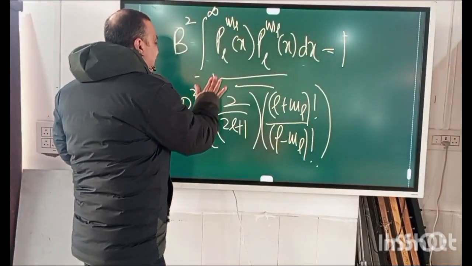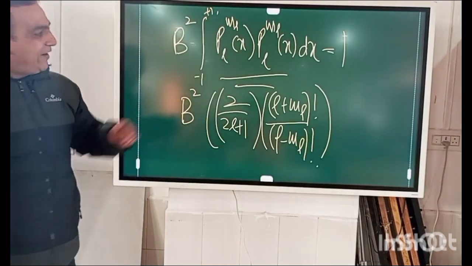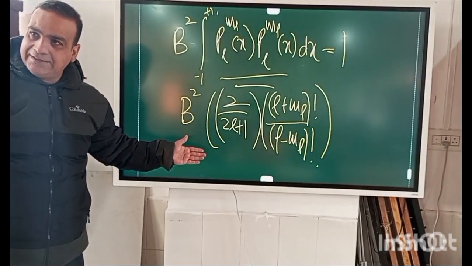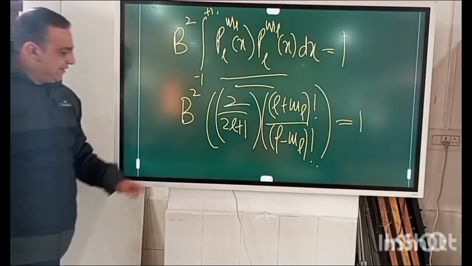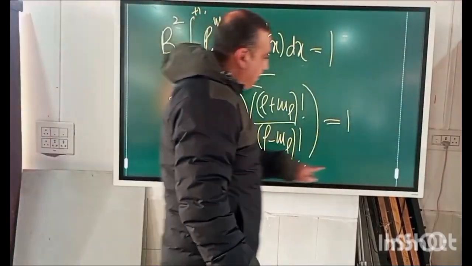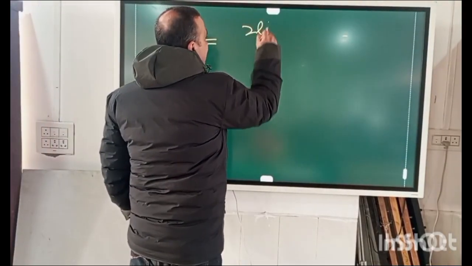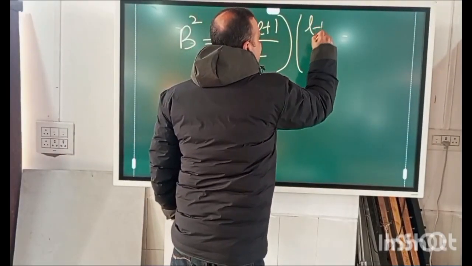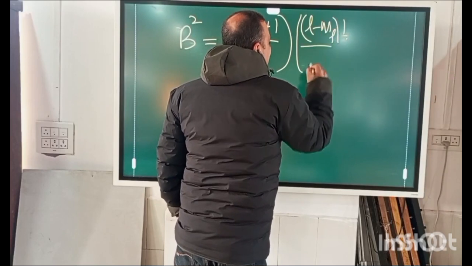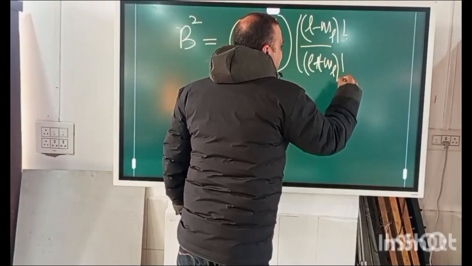Oh, this is not minus infinity to plus infinity, this is from minus 1 to plus 1. So when you evaluate this integral, you get the value like this, and this is equal to 1 using the normalization condition. So what is B squared then? B squared will be equal to, the denominator part will go up, so you will have (2L plus 1) divided by 2 times (L minus m_L)! divided by (L plus m_L)!.